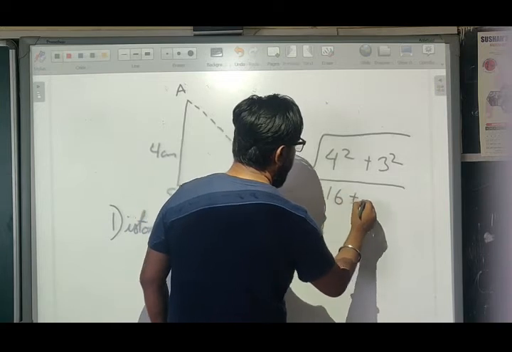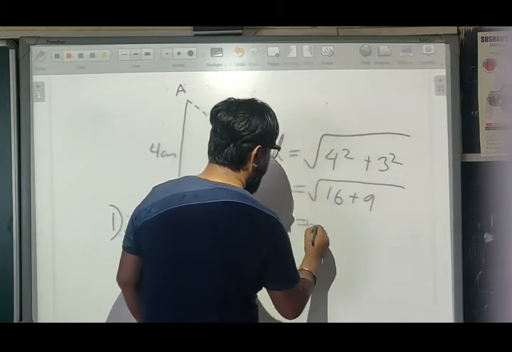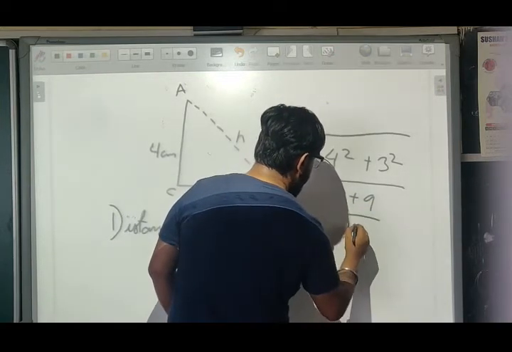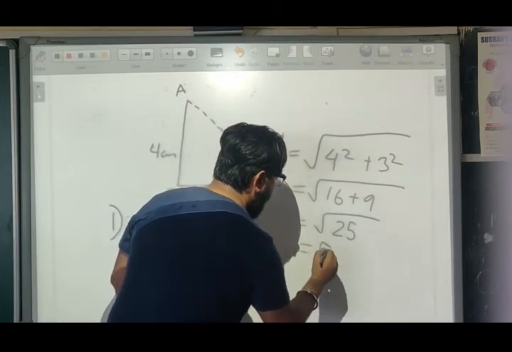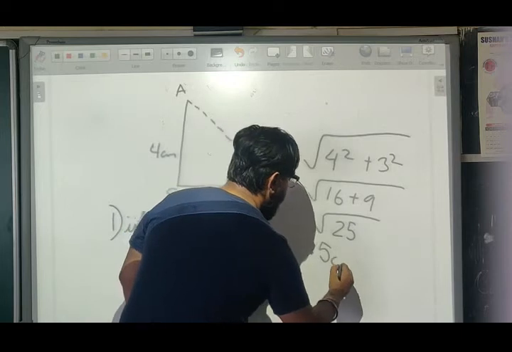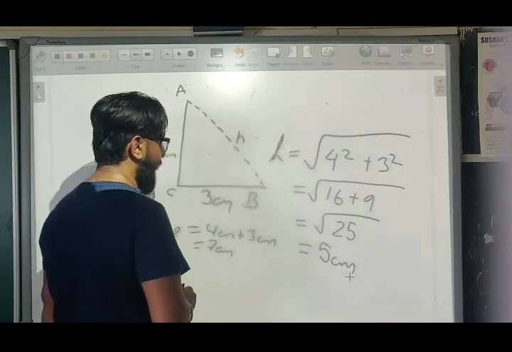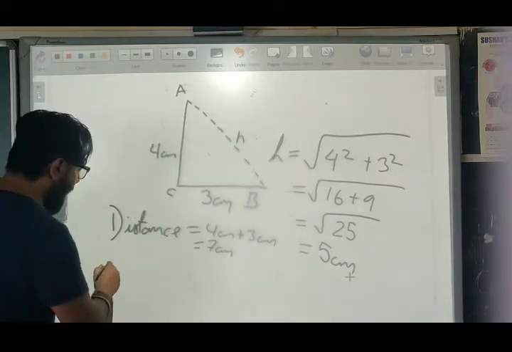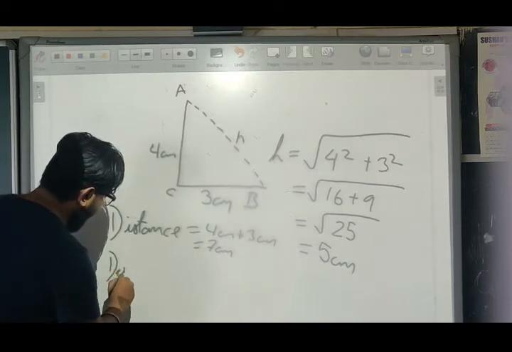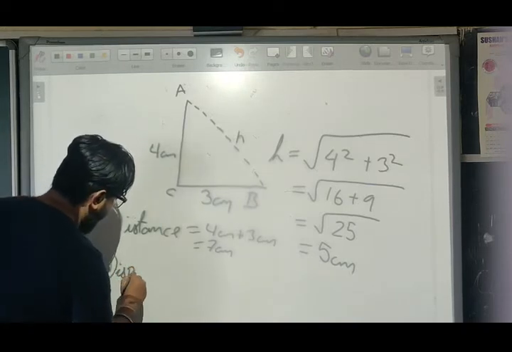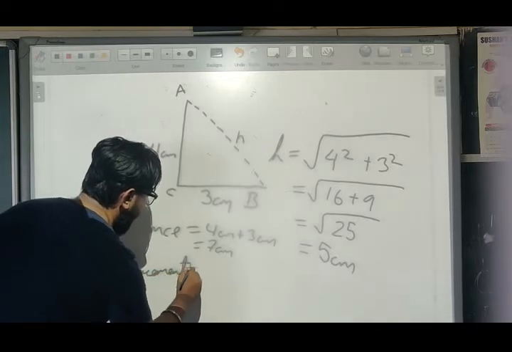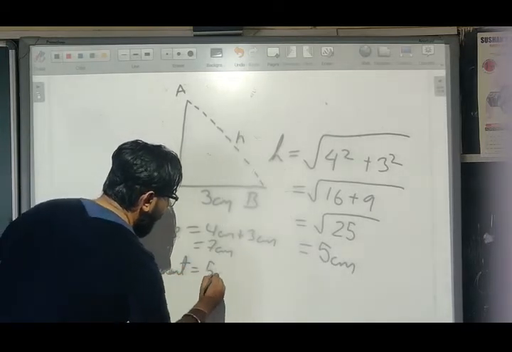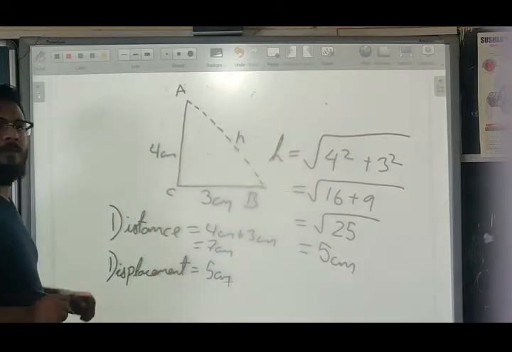So, 16 plus 9 is going to give you 25, and root 25 is 5. So it is 5 centimeter. In this case, displacement is equal to 5 centimeters.